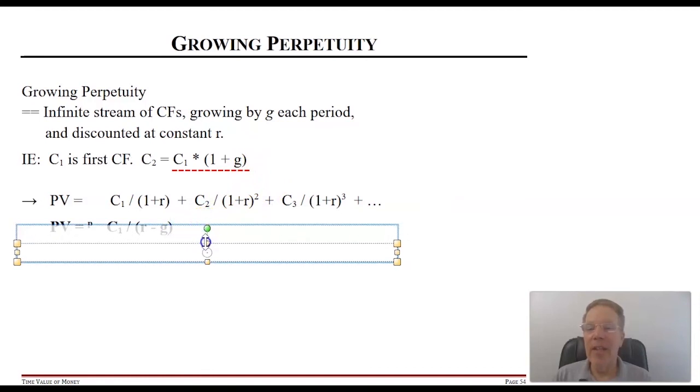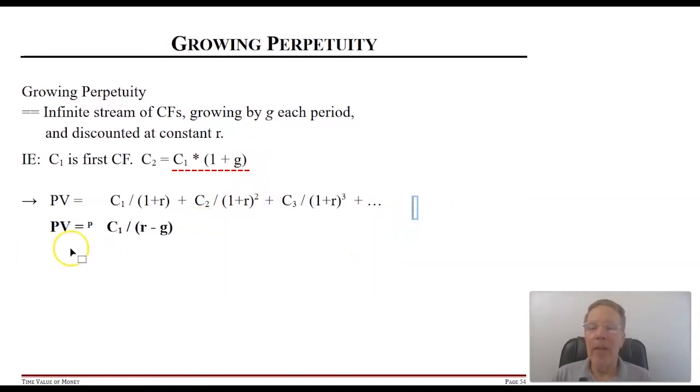The mathematicians who are better at this than me have been able to prove that in this case, the present value of a perpetuity is equal to the first future cash flow that we're going to get divided by R, our interest rate, which is what the bank is offering us, minus g, the annual growth rate of the cash flow.